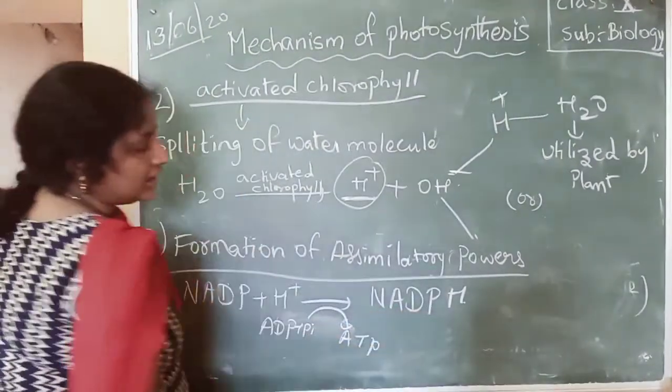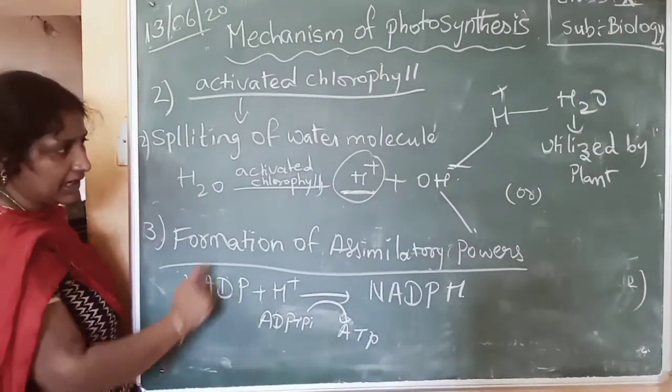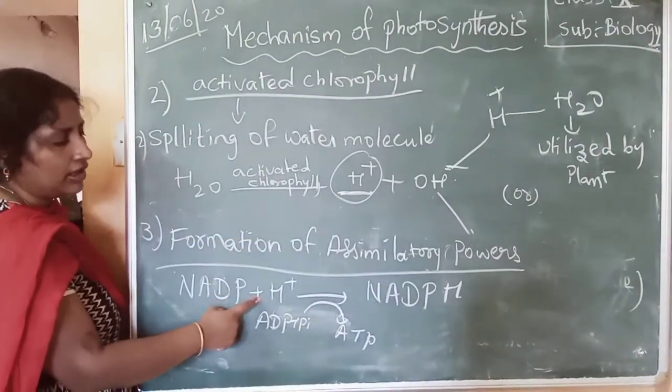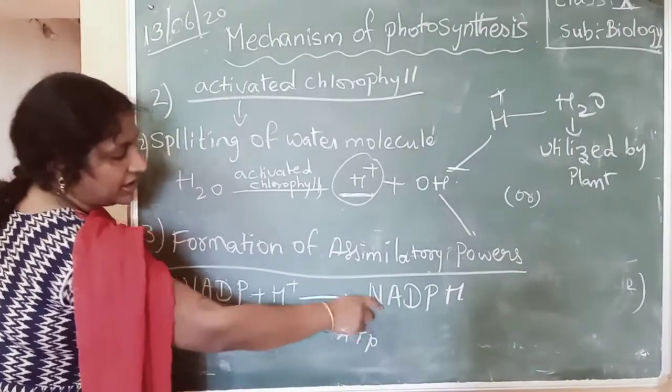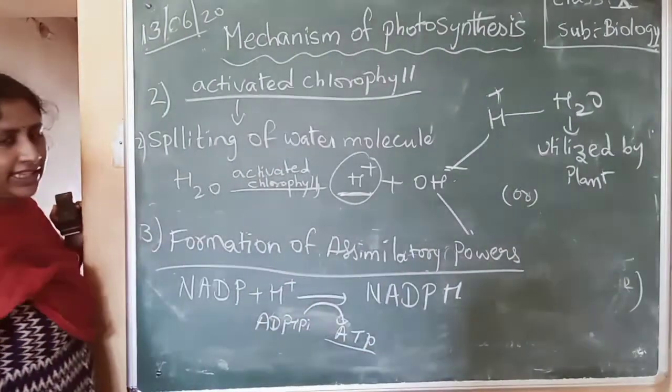And NADPH is formed. Clear? NADP combines with hydrogen ions to form NADPH. During this process, energy is liberated in the form of ATP.